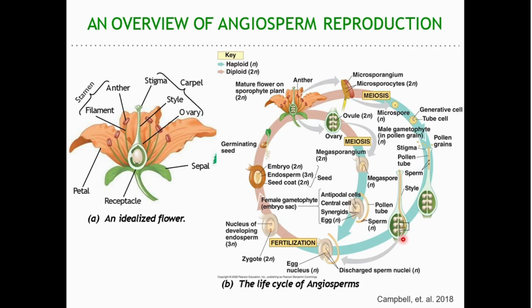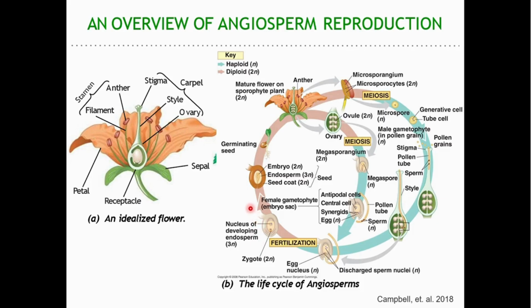And then when it reaches, it will discharge the sperm nuclei, which will fuse with the egg nucleus by fertilization, producing a zygote, a diploid zygote 2N, and the nucleus of developing endosperm.